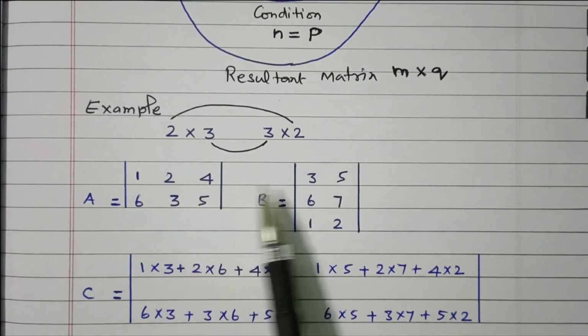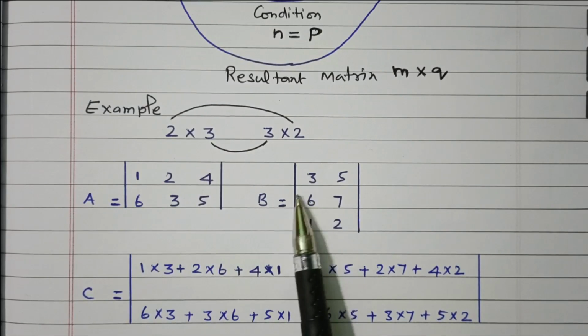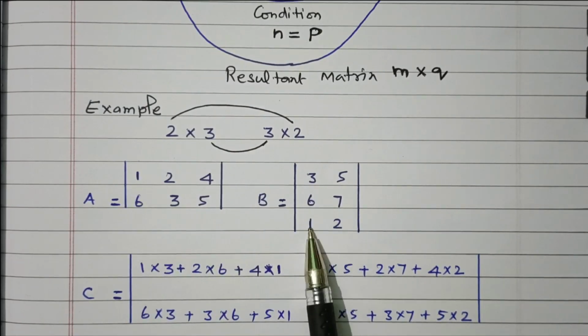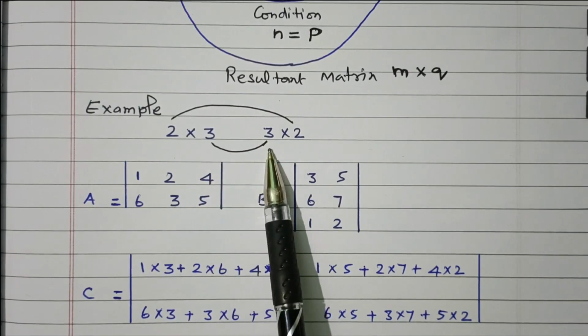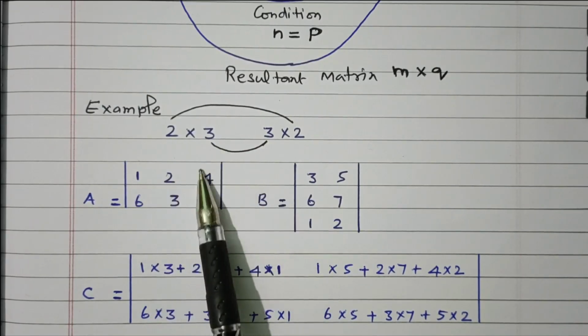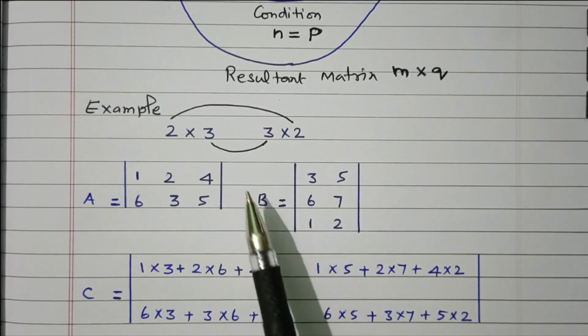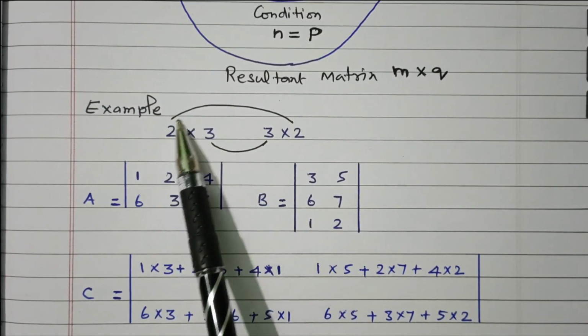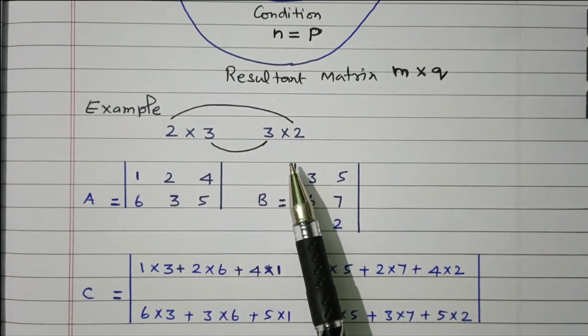So the number of columns in the first matrix should be equal to the number of rows in the second matrix, then only we can perform the multiplication. That's why we are checking that these should be equal to 3. After multiplication, the resultant matrix is 2 cross 2.